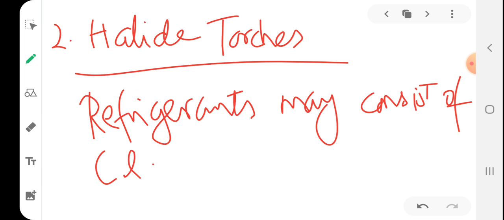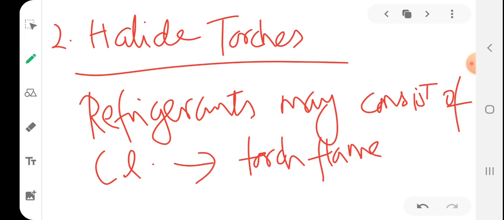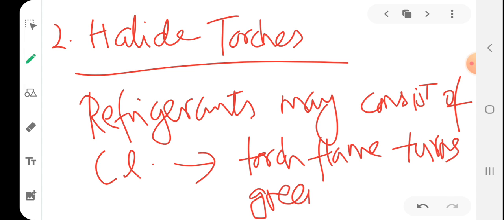So if you expose this torch flame to that suspected site, the torch flame turns green. If the torch flame, when exposed to the suspected leakage, turns green, it means there is a leakage, because it turns green only when it is exposed to chlorine atoms.